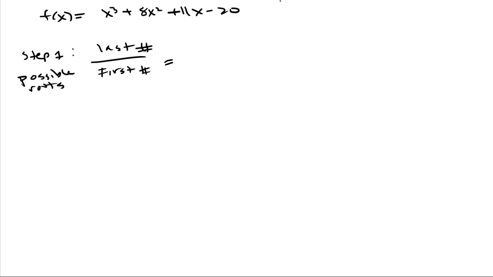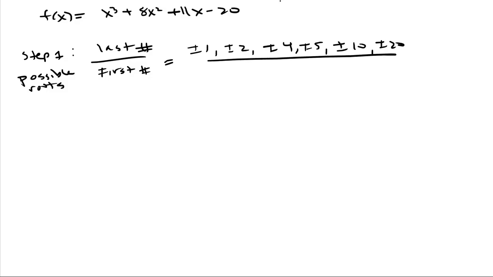So in this case, our factors for 20 are going to be plus or minus 1, plus or minus 2, plus or minus 4, plus or minus 5, plus or minus 10, and then plus or minus 20, divided by plus or minus 1. Okay? So when we divide this, we actually get the same thing as the one on top.